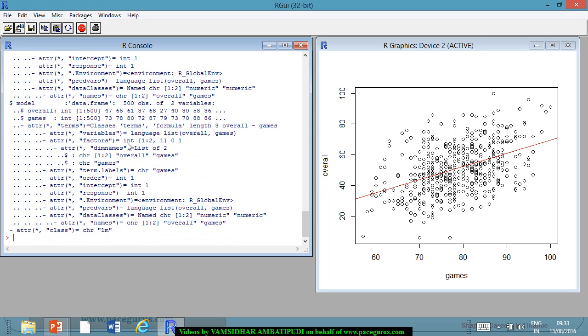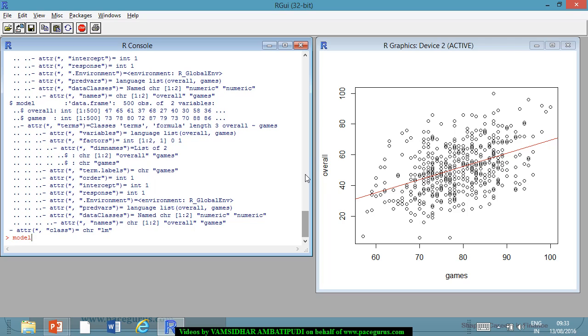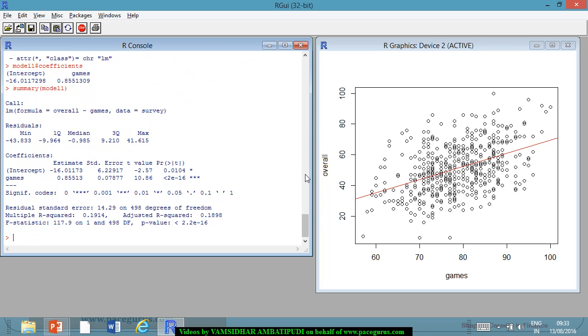Now if I really want to get the coefficients, I can simply say model 1 dollar coefficients. If you see here, I'll get the intercept as well as the games part. Just like for every model, I can also run a summary to get a complete summary of my model. That's more important. This output interpretation is a very interesting part.